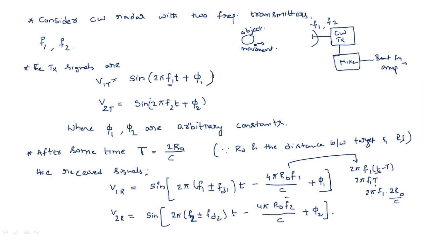But in general, as the object is the same and the radar system is the same, even though we are transmitting different frequencies, the Doppler frequency fd is the same for both frequencies F1 and F2. Suppose if the object is different, then it would receive two different Doppler frequencies. But as the object is common for both frequencies, we will have only one Doppler frequency shift.